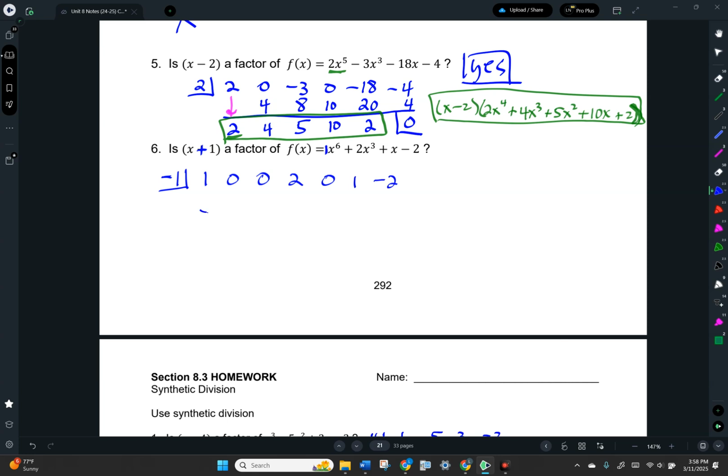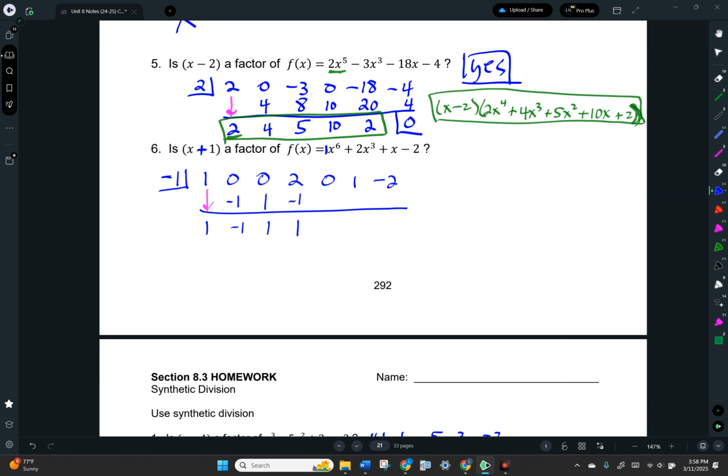So leave a space. All right, so maybe if I were you, if you haven't already, pause it. Don't forget, you get started by bringing down the 1, and then I'll go all the way across and then see if we agree. Okay, so I'm going to bring it down, multiply, add, multiply, add, multiply, 2 and negative 1.